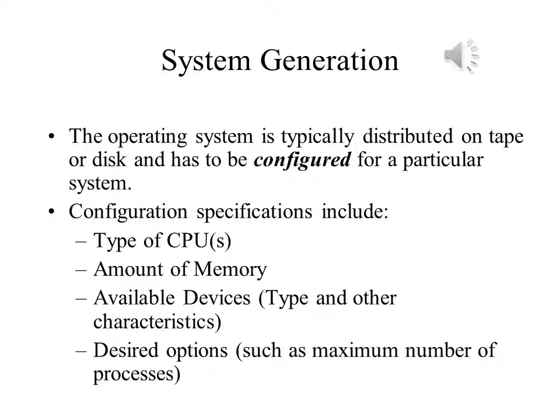This is all usually done these days with the aid of a system generation program, or sysgen for short. It may involve compiling the operating system, or simply loading the proper files and creating the needed tables. But this is a necessary step in getting the operating system ready and running on the computer.